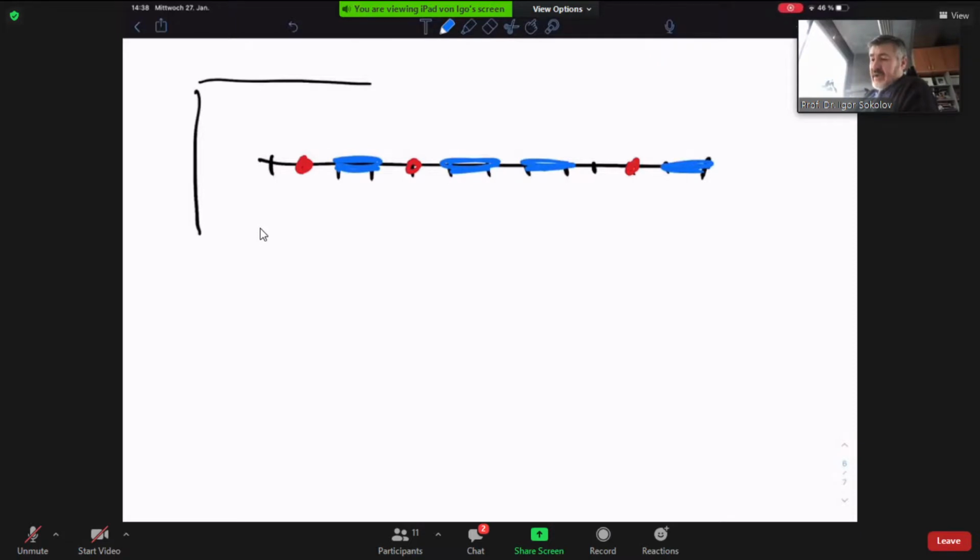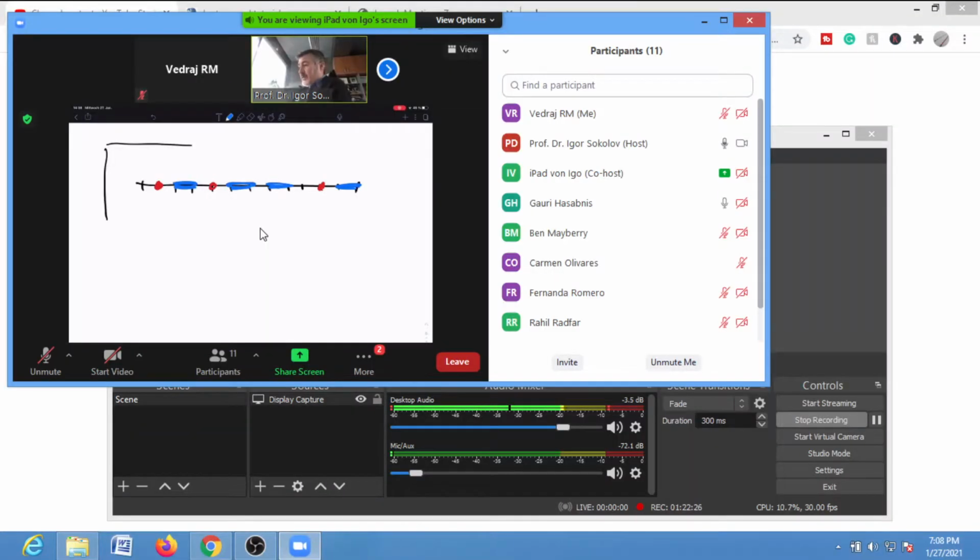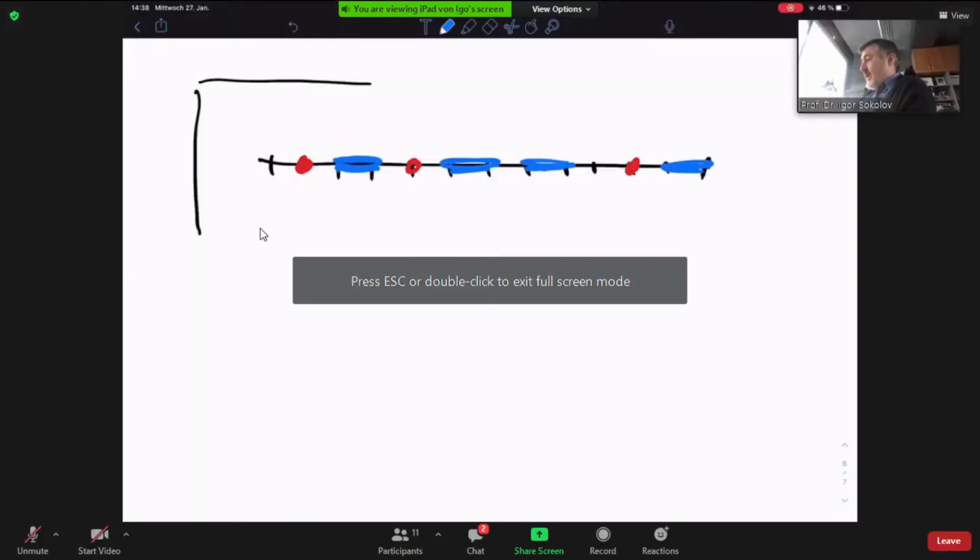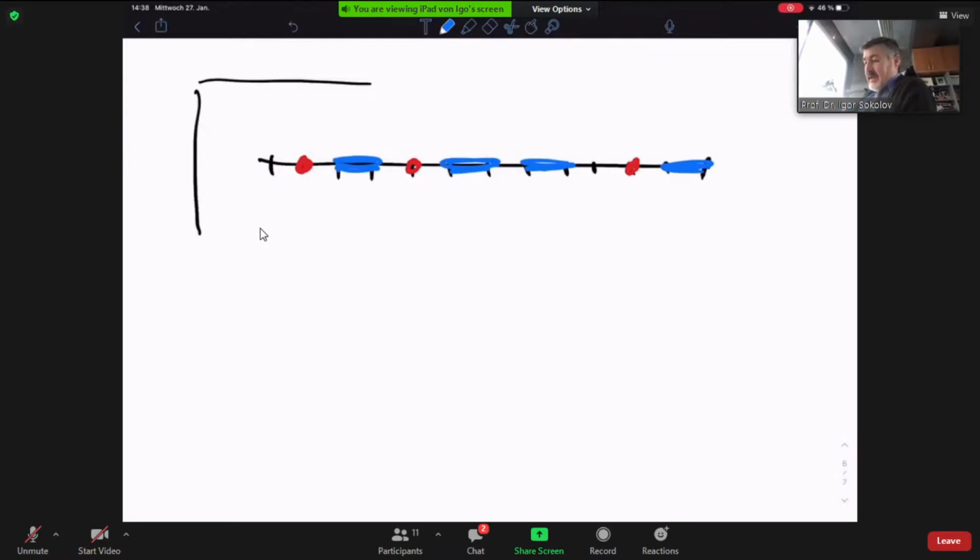I do not take into account two things. The fact that the molecule has many conformations, because this is not enough to change considerably the form of the entropy. This is one thing I neglect. And the second thing I neglect is that the molecules can hinder each other.